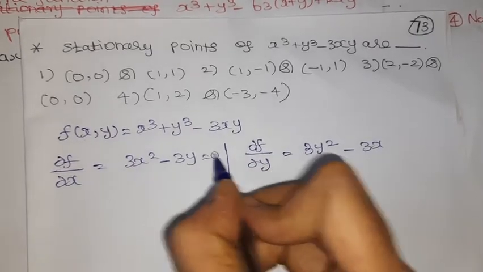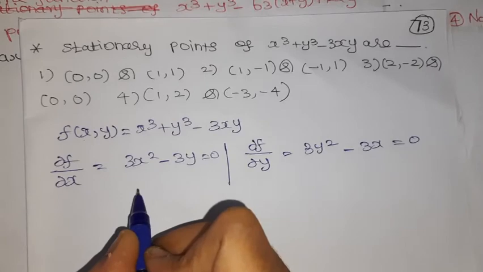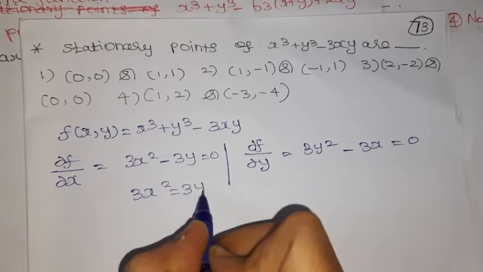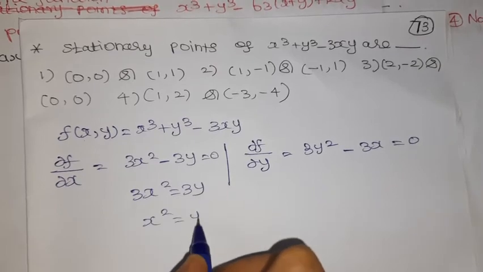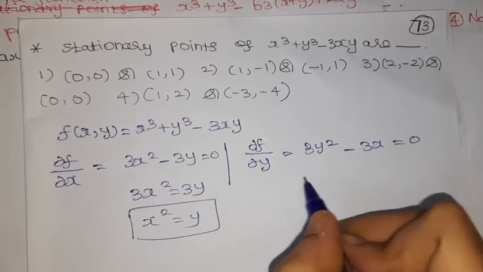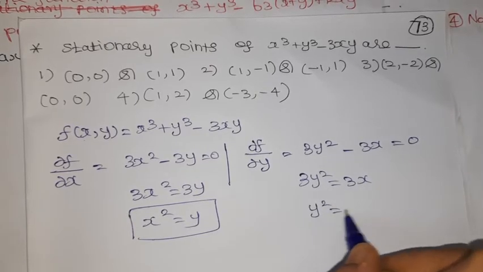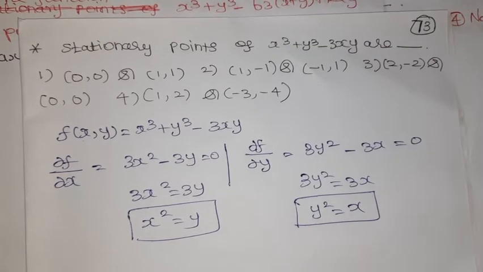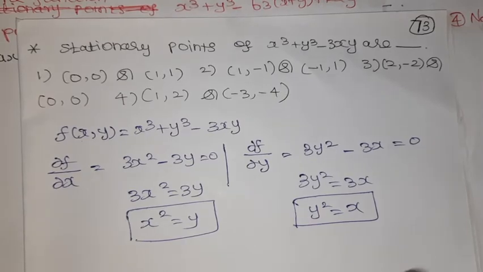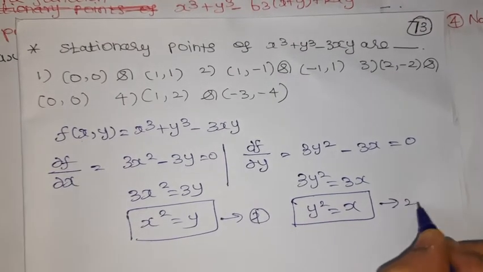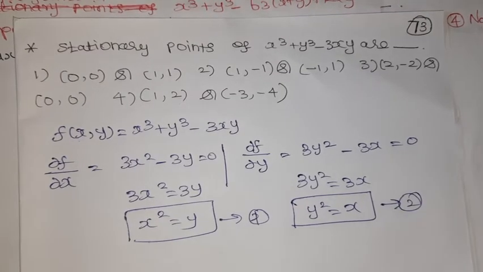Equating these to 0, 3x squared equals 3y, so x squared equals y. Then 3y squared equals 3x, so y squared equals x. So x squared equals y and y squared equals x. These are the two equations. By solving these equations, we can find the answer.